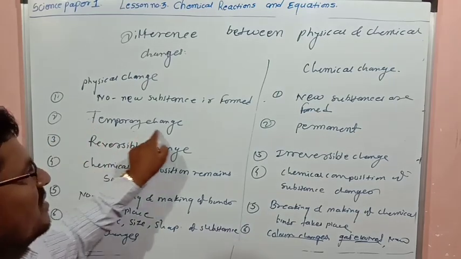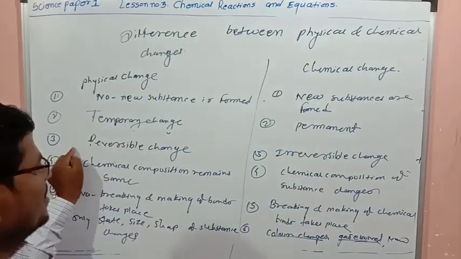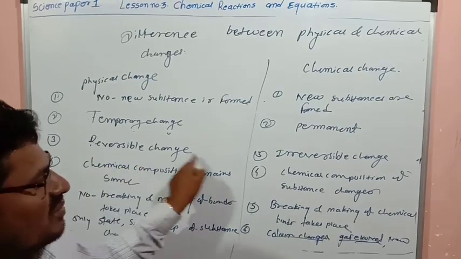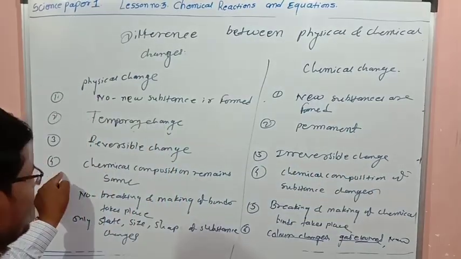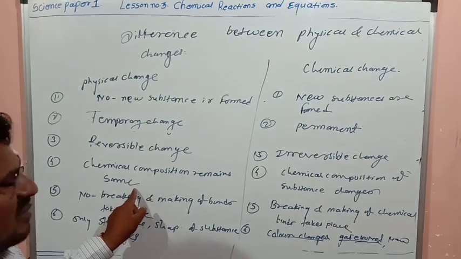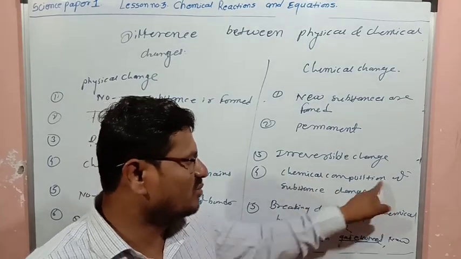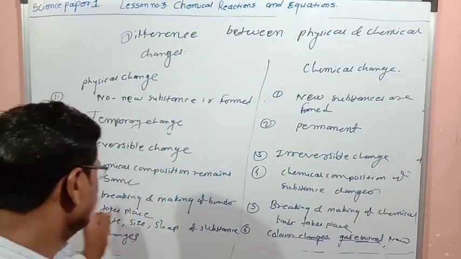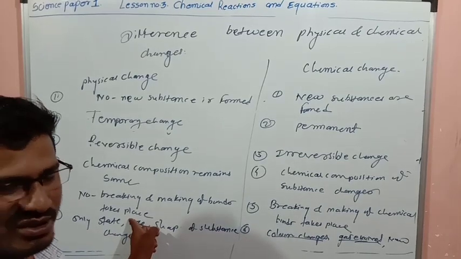In the physical change, it is a temporary change. In the chemical change, it is a permanent change. Third, physical change is a reversible change, chemical change is an irreversible change. Fourth, the chemical composition of substances remains the same in physical change, while in chemical change the chemical composition of substance changes. Fifth, no breaking and making of bonds takes place in the physical change.